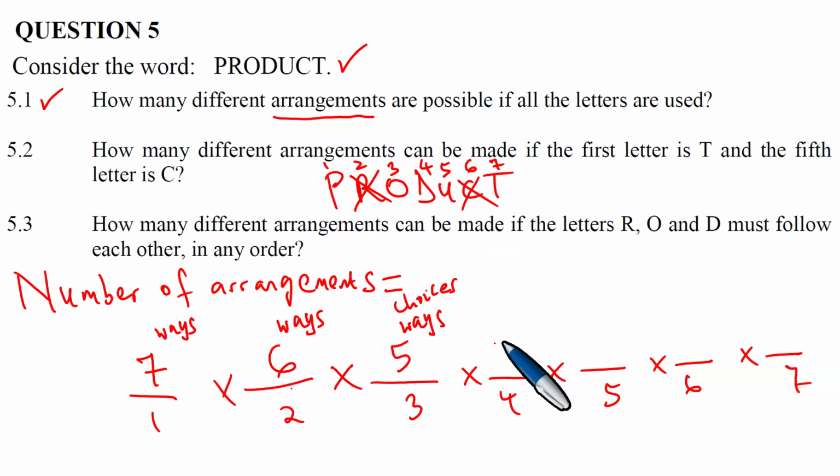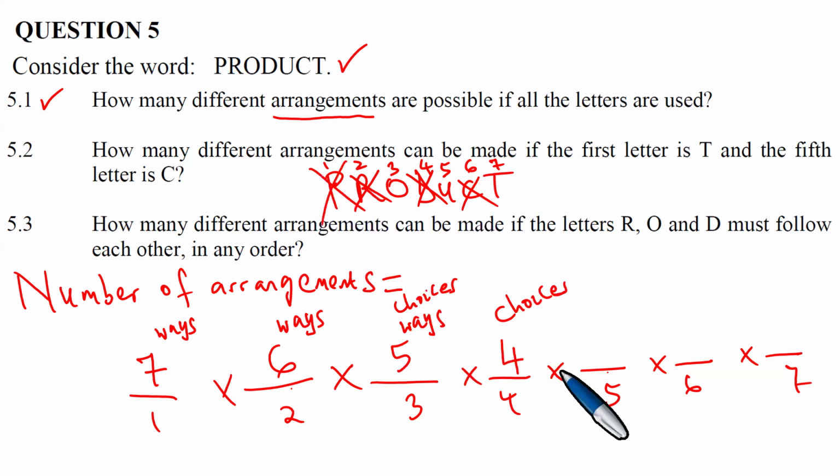After that, we're left with how many? Out of the 7, I've chosen 3, and we're left with 1, 2, 3, 4. From the 4 remaining letters, the letter can be chosen in 4 ways, so we had 4 choices here.